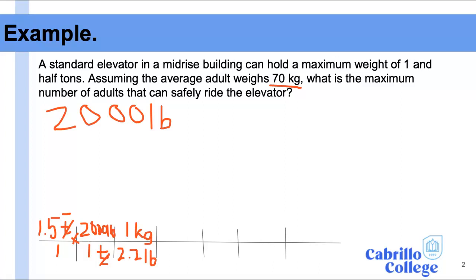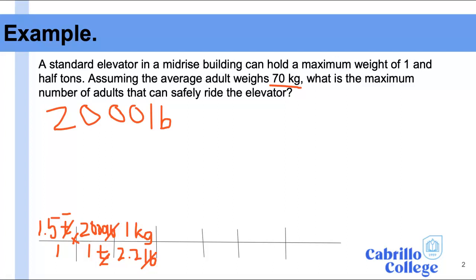You can see my pounds was in the numerator and now it's in the denominator. Those cancel out. Now we have an answer in kilograms. If we multiply 1.5 by 2,000 divided by 2.2, you would get an answer that is in kilos.